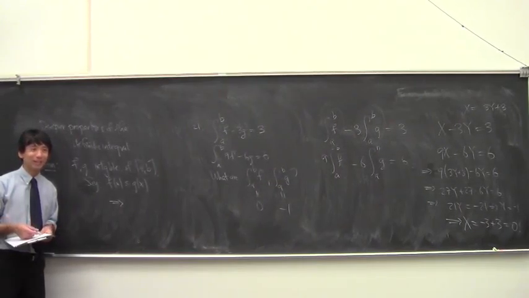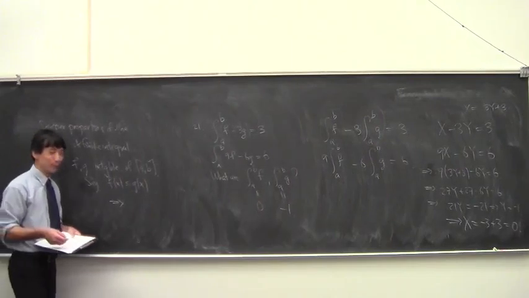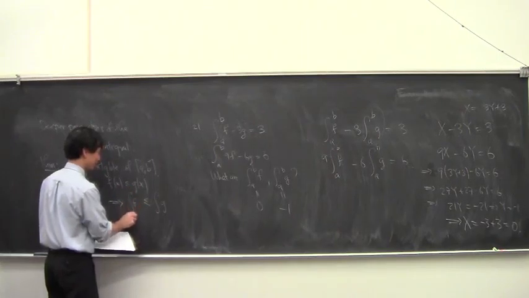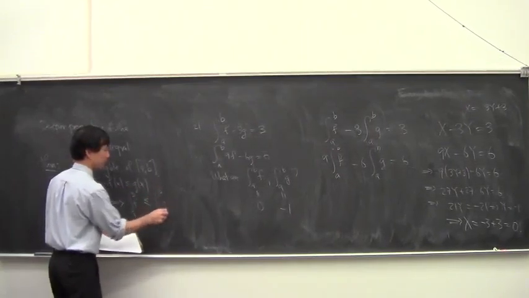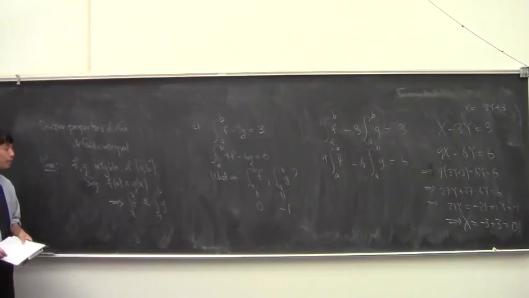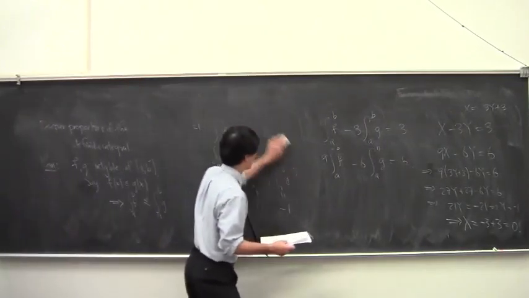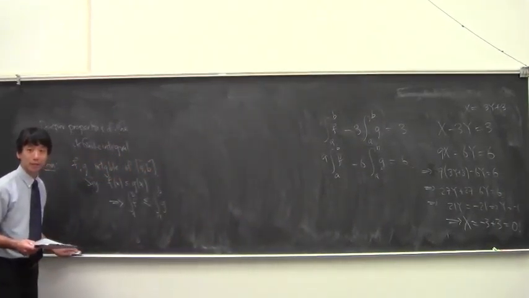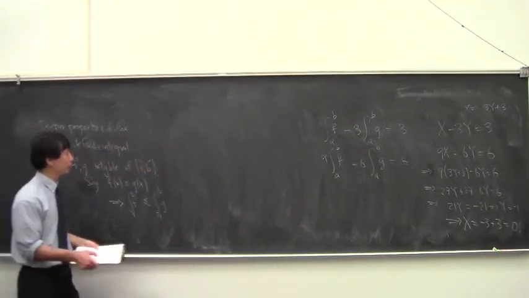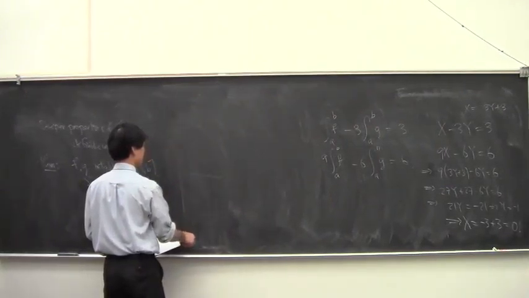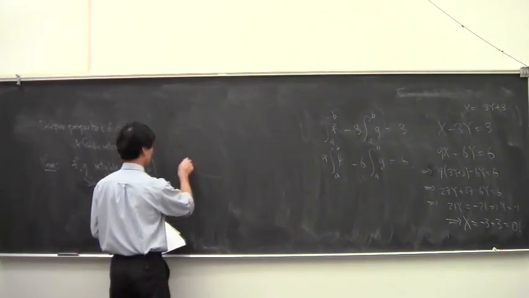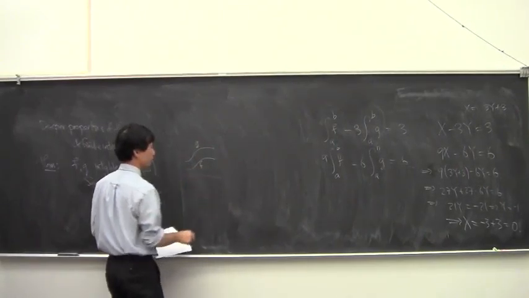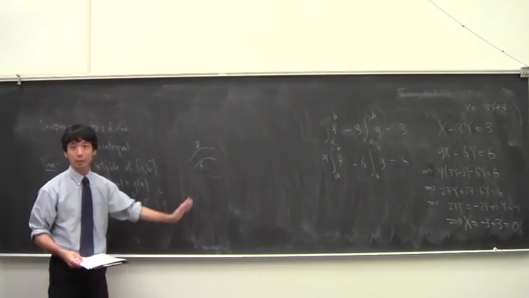The integral of the bigger guy will be bigger than the integral of the smaller guy. If f is bigger and g is smaller, then the integral of f is going to be bigger than the integral of g.